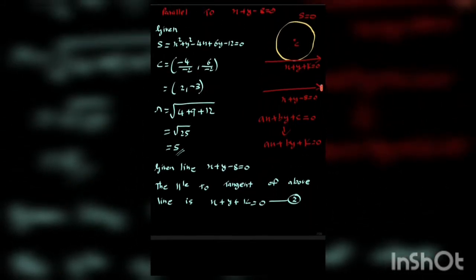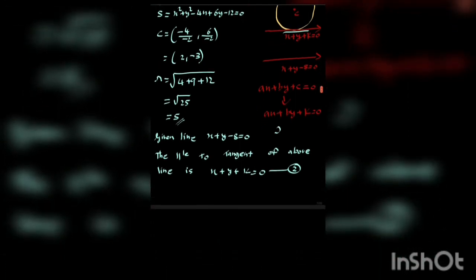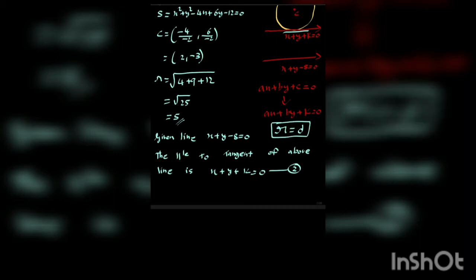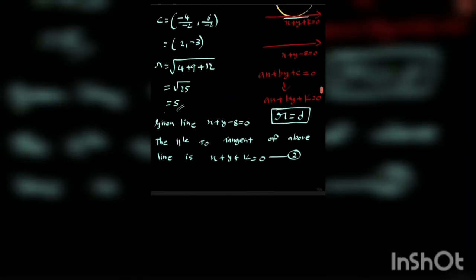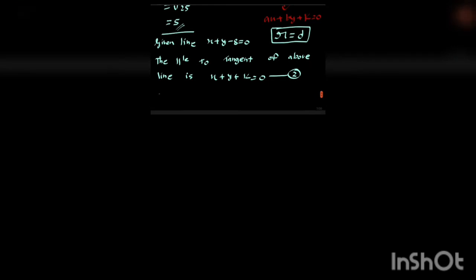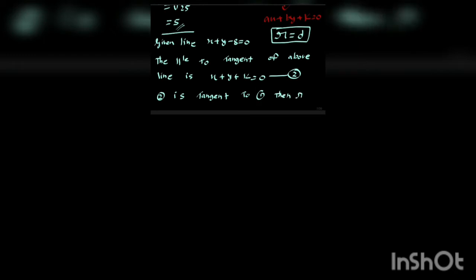And also we have a condition that whenever a line touches the circle, in this case, then we have to use r is equal to d. So here we know the value of r. So now we have to find d. So if equation 2 is tangent to equation 1, then r is equal to d.